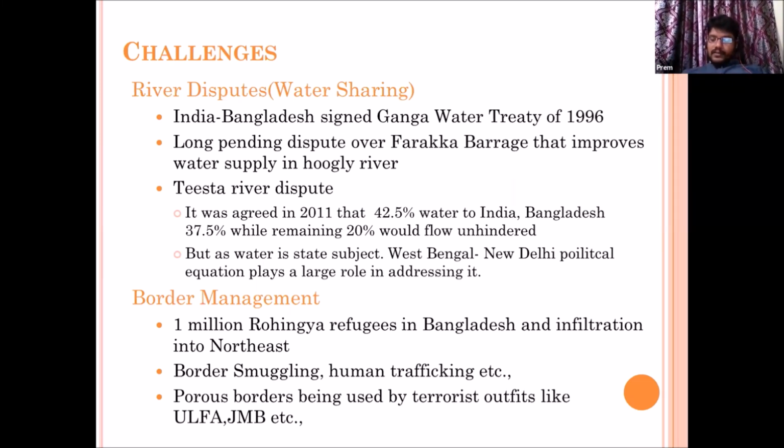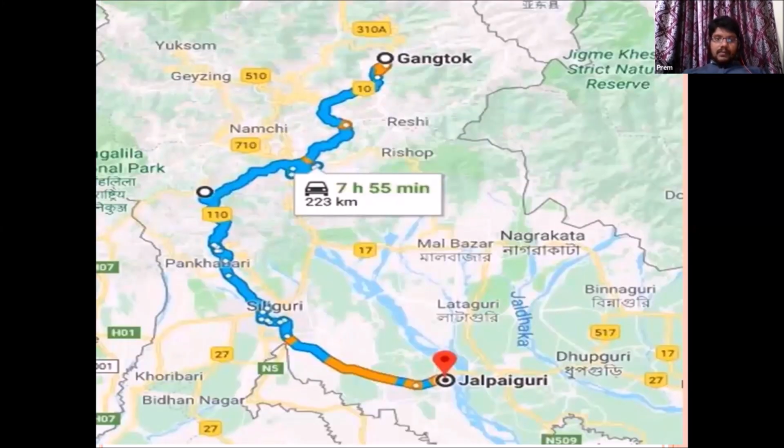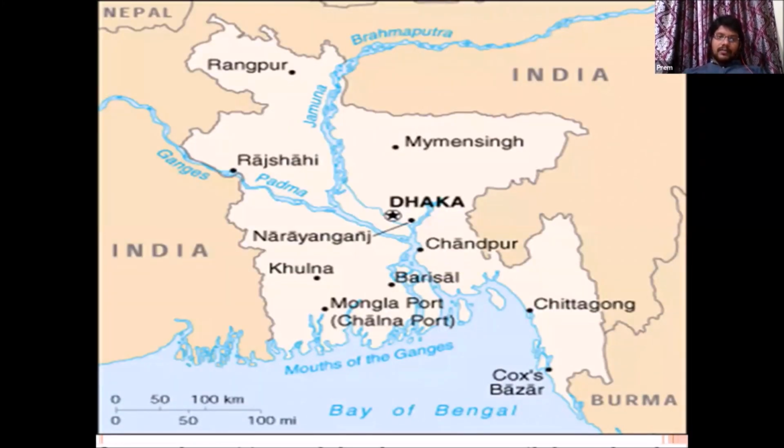If you see the map here, this is some kind of water map. India is an upper riparian state, as I have already discussed. Upper riparian is where the river originates, and lower riparian is where the river goes. So here Bangladesh is the lower riparian state, and India is the upper riparian state.